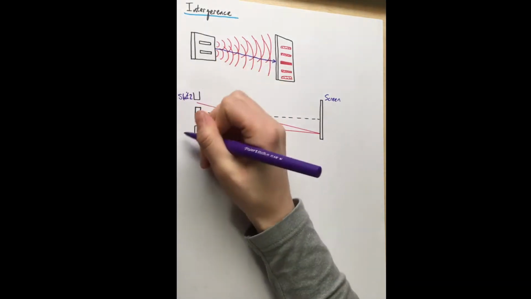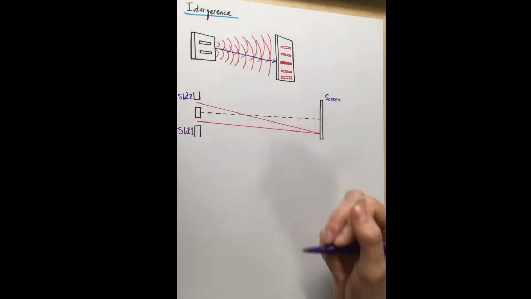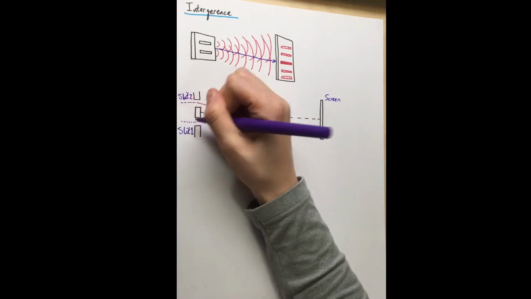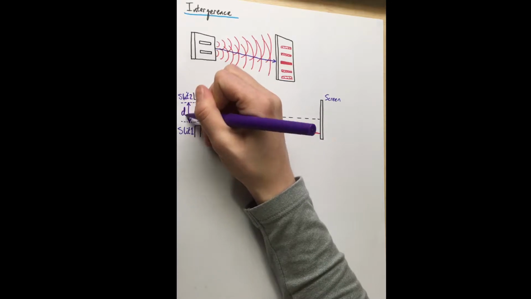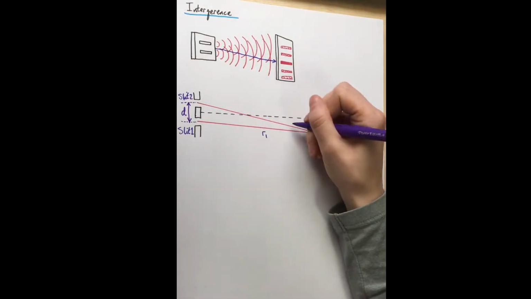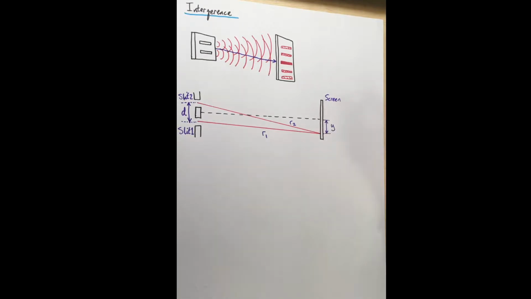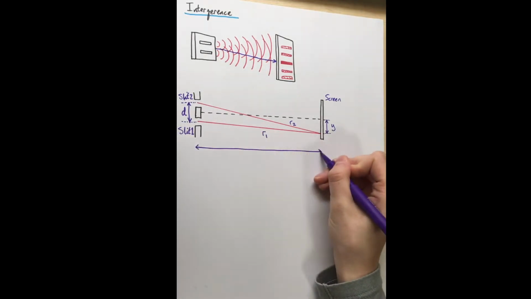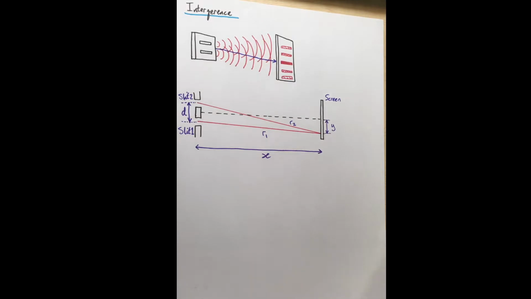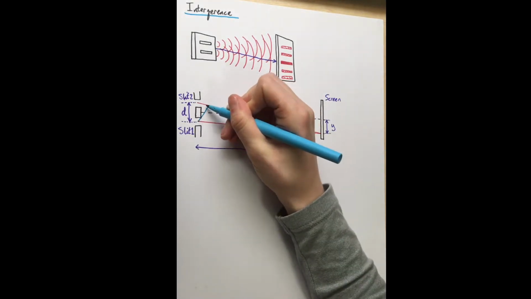We'll say that the distance between the two slits is equal to d, the distance of the point on the screen, y, and the distance to the screen from the slits is x.